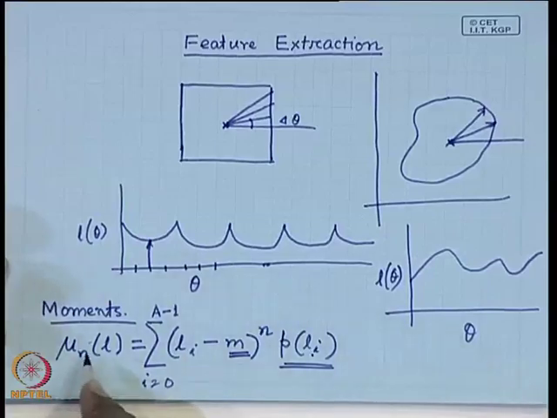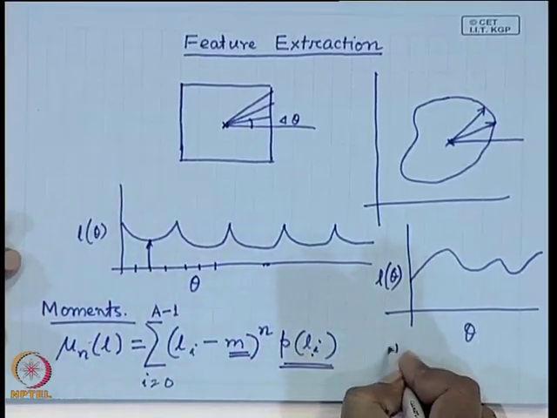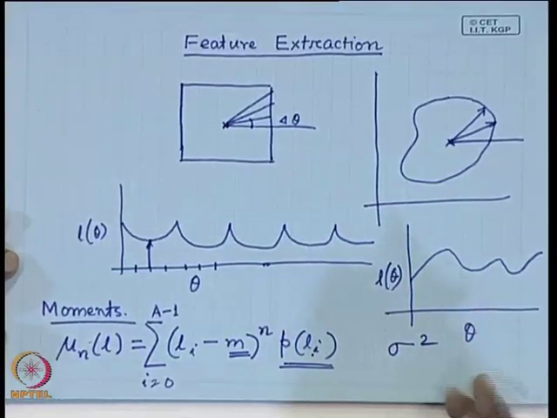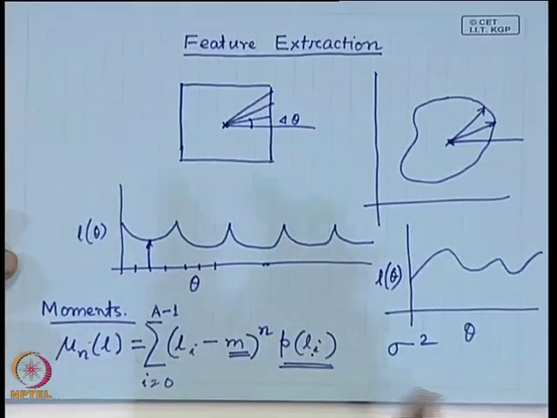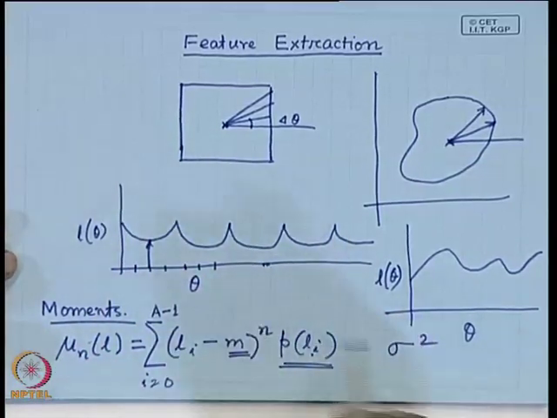Obviously, for n equal to 2, the second moment has a special significance, because if I put n equal to 2, this simply becomes the summation of L I minus m square into P of L I, which is nothing but the statistical variance, sigma square. So, if I take the moments of different orders, 2, 3, 4 and so on, each of those moments becomes a feature of this signature.